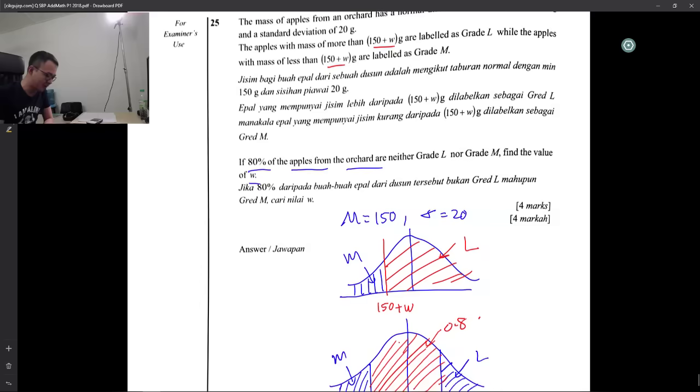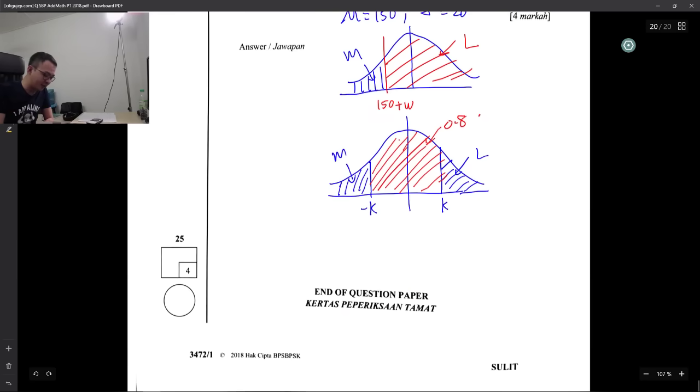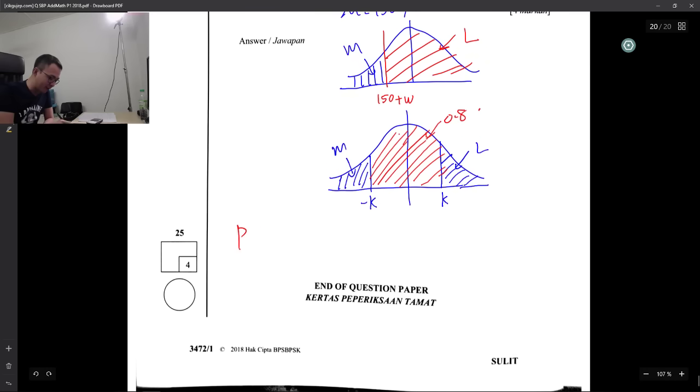I will call this one 150 plus W, and this one 150 minus W. So the 0.8 means X is between 150 minus W and 150 plus W.